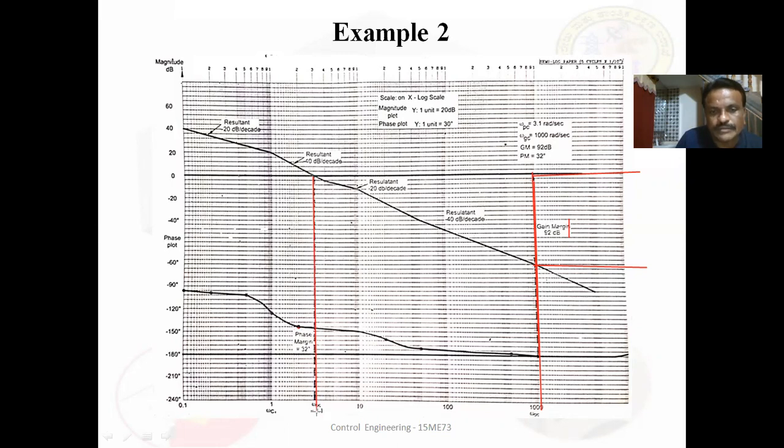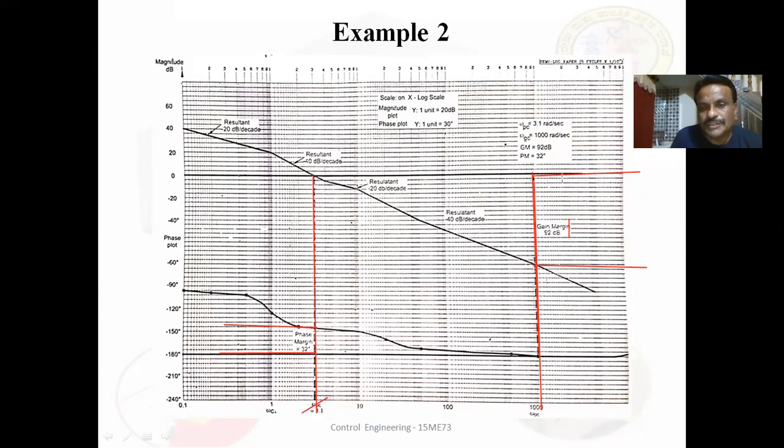This frequency is called the gain crossover frequency. Then the phase margin is from here to here. Each unit is 6 degrees, so if you count, the total is 32 degrees.